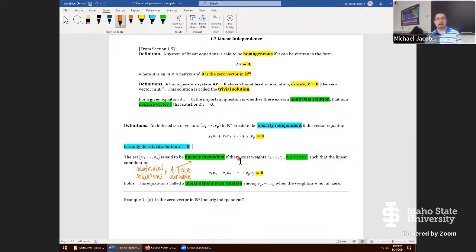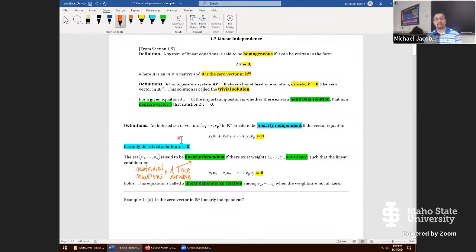If we turn it all around, we might ask, what if there is only the trivial solution, nothing else? That's linear independence. And we really like linear independence. It's how we are going to form a basis later on. If our vectors are dependent, they cannot form a basis. So linear independence says the only possible way you're solving this equation is by literally dropping in a zero for every one of the entries, x1 through xp.